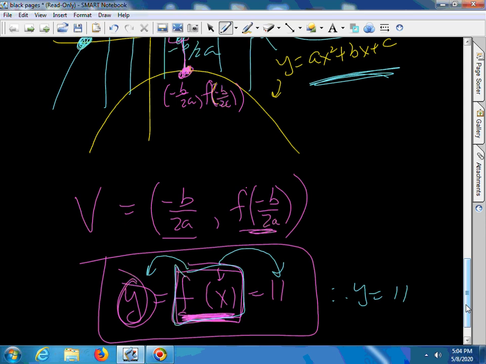Okay. So we argued why the vertex is what it is. But now, let's do this same thing using calculus, for those of you who know it.